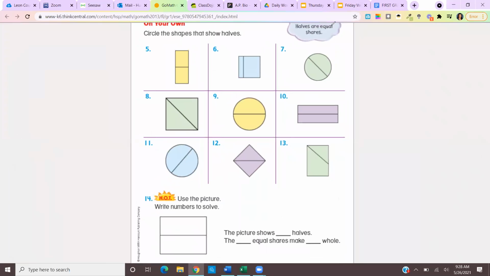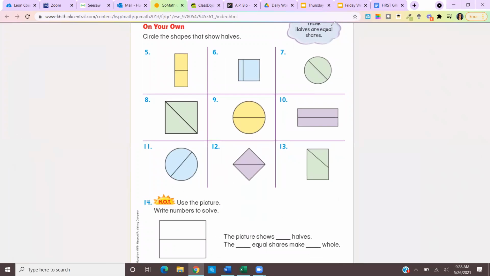Okay, guys. I'm going to give you some time to try this on your own. But first, I'm going to read the instructions. The numbers 5, 6, 7, 8, 9, 10, 11, 12, 13. You're going to circle the shapes that show halves. For it to be halves, remember it has to also be equal shares.